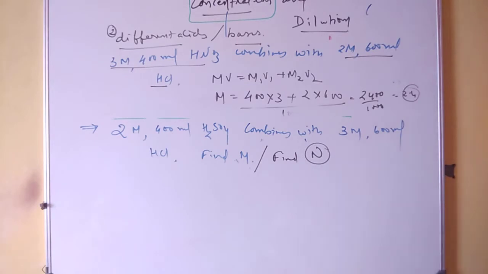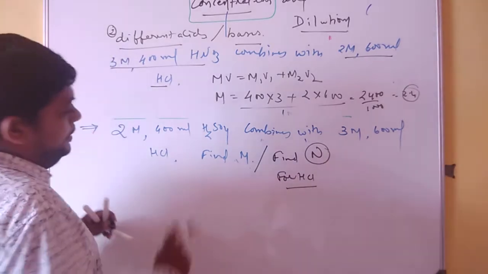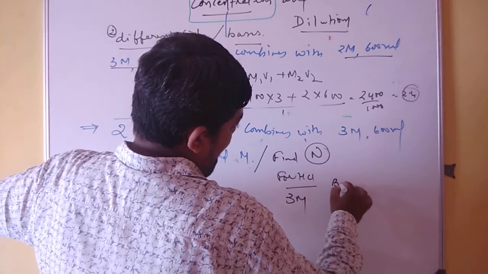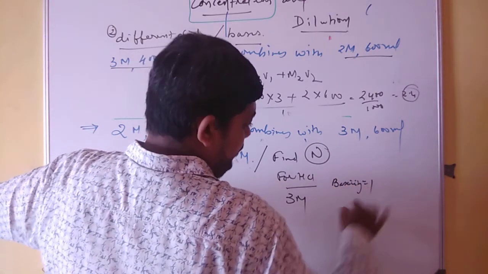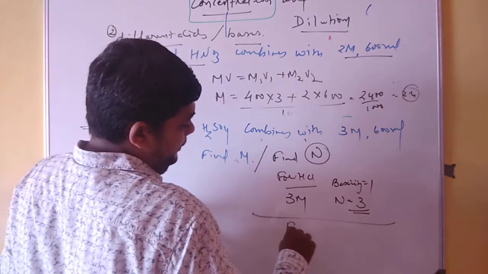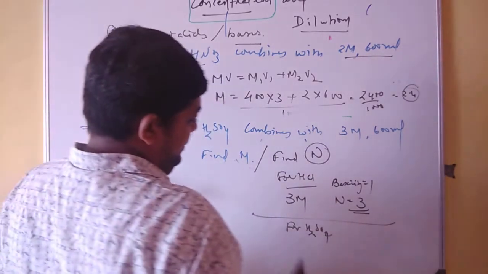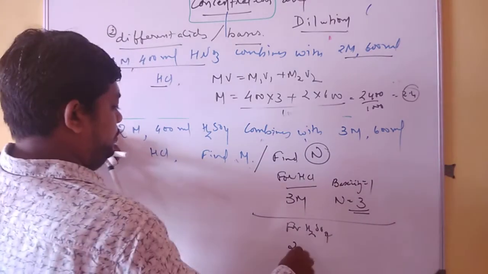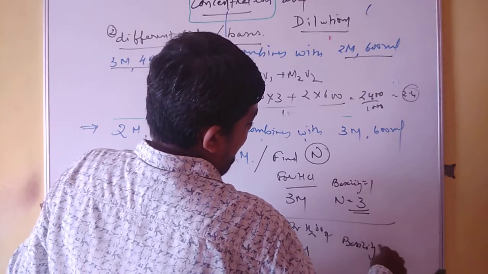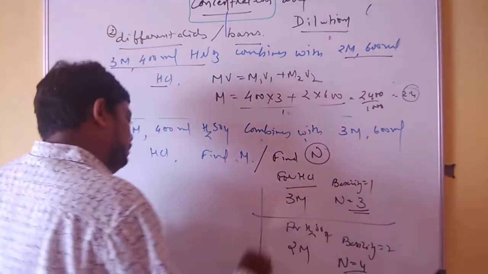Why? Because over here for HCl you have 3 molar and your basicity is 1. So normality will also be 3. But when you will go for H2SO4, see, the things are going to change. Over here you have 2 molar and its basicity is 2, so it will have normality equal to 4.